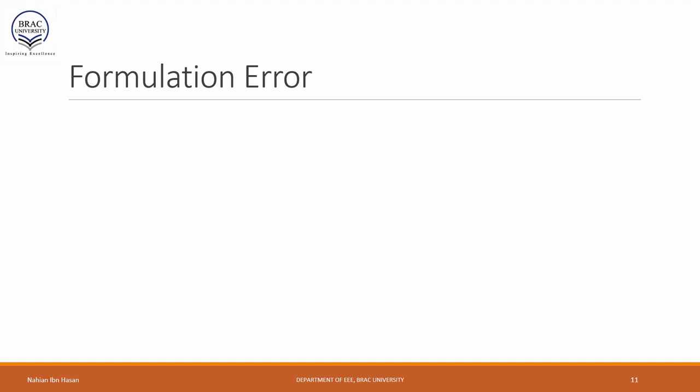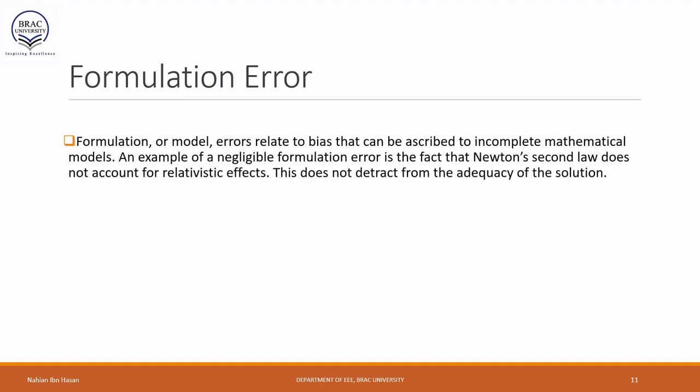So next comes the formulation error. I hope you are already guessing what this kind of error would be. This is the error due to the mathematical modeling. For example, if you want to mathematically model a physical system, you have to take into account many kinds of parameters.